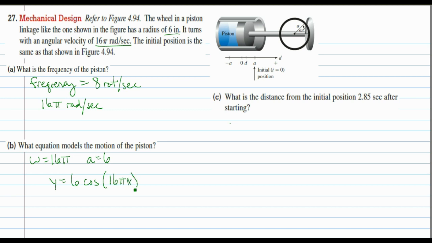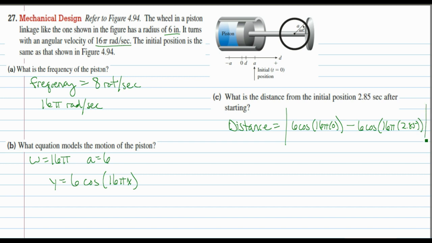What is the distance from the initial position? Here we go again, 2.85 seconds after starting. So the distance is going to be the absolute value of 6 times the cosine of 16 pi times 0 minus 6 times the cosine of 16 pi times 2.85 seconds.